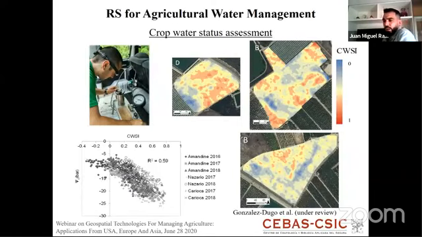What I want to highlight from this study is that whereas a large number of measurements covering the entire area were needed to assess the crop water status spatial variability, we only needed a single flight per date for assessing this variability.